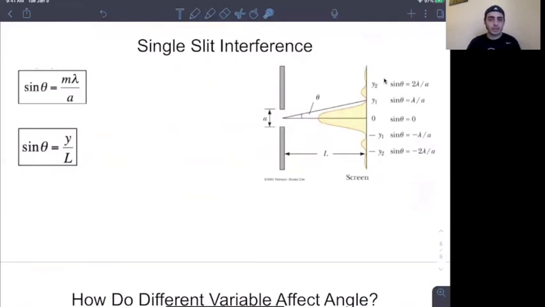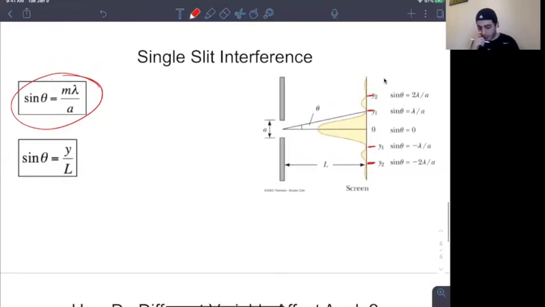This is kind of similar to double slit interference, but there are some important differences. The thing to keep in mind is that what we're measuring with this is the angle at which there is a dark fringe. For double slit interference, we can measure either the light or the dark fringes. For single slit interference, this equation measures only the dark fringes. I think this is pretty straightforward.